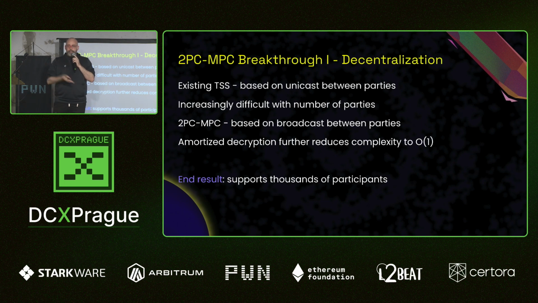So that's linear, right? That's O of n. But we also were able to use amortized decryption, which we will not get into right now, in order to decrease that even more to become constant. So it's O of 1. So this is orders of magnitude more scalable, and we were able to get to thousands of participants signing transactions in a scalable manner. So that's the first breakthrough.